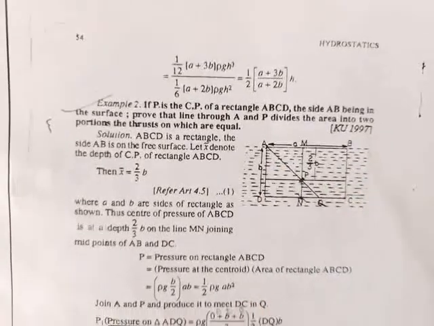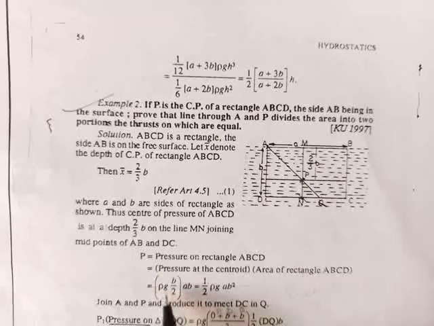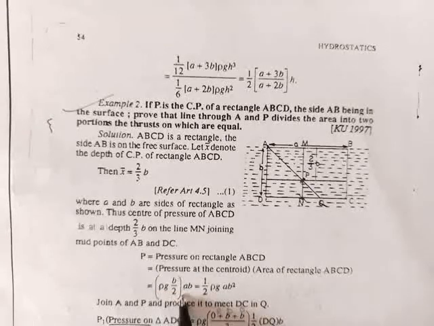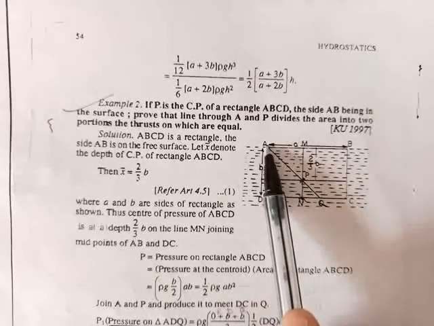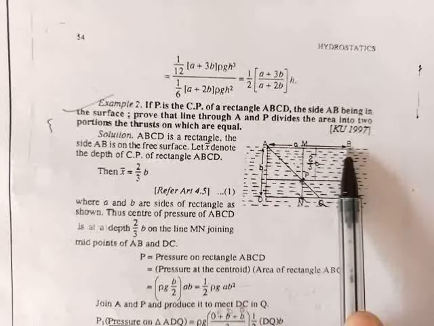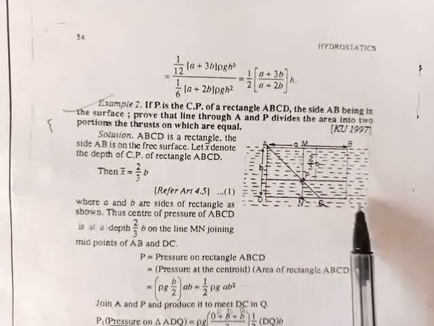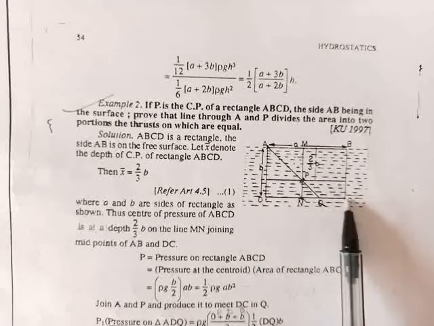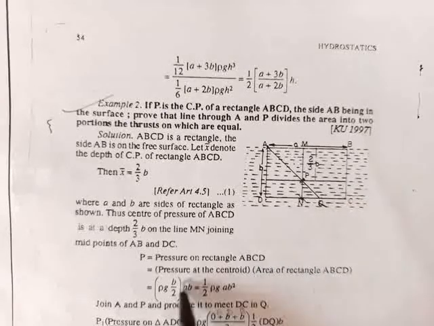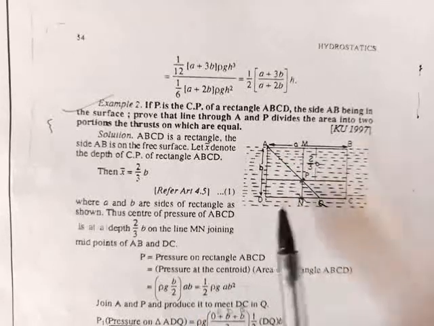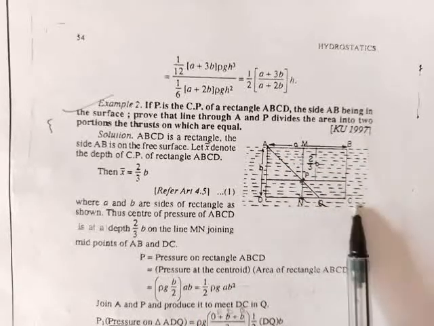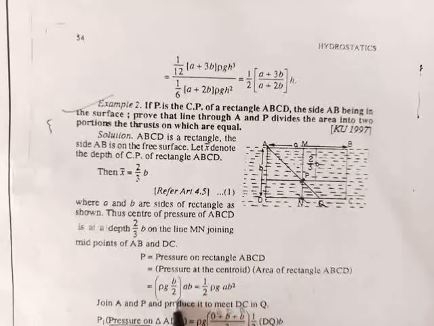Now pressure at center of gravity is given by rho into g into the mean depth of the vertices: depth 0, 0, b, b. So this will become (0 + 0 + b + b) divided by 4, that will be b by 2. And area of the rectangle is length into breadth, so that will be ab.